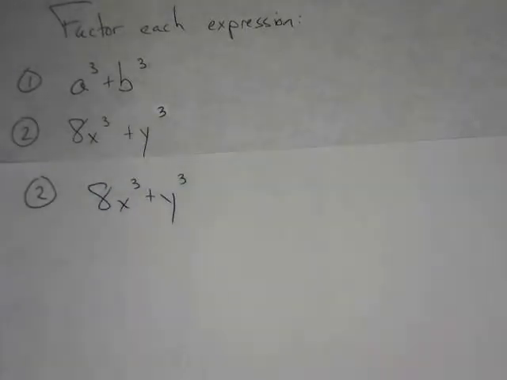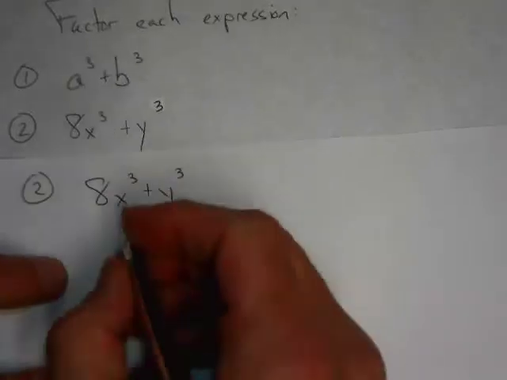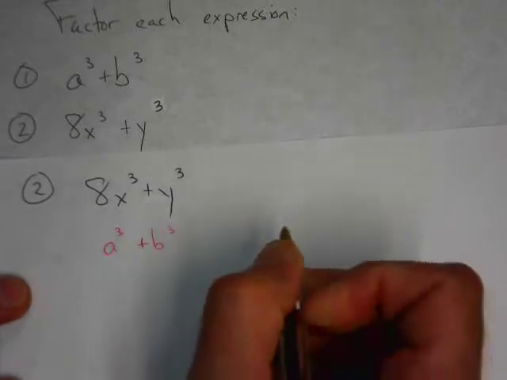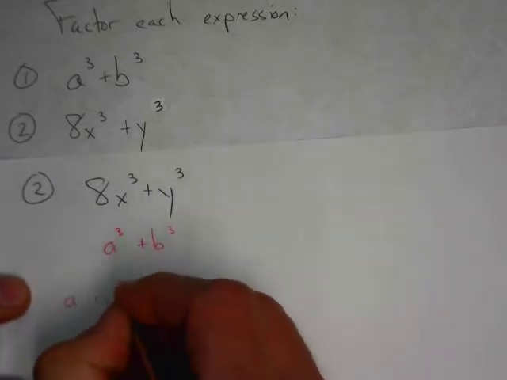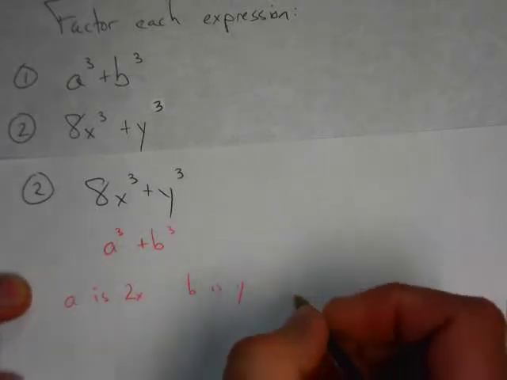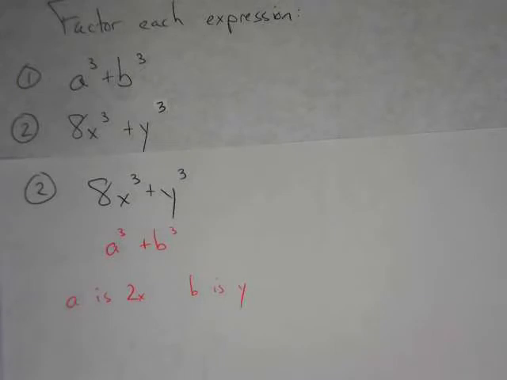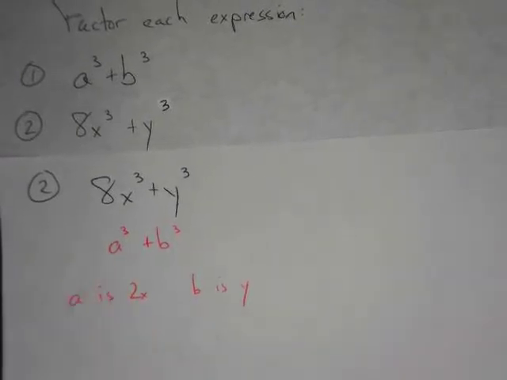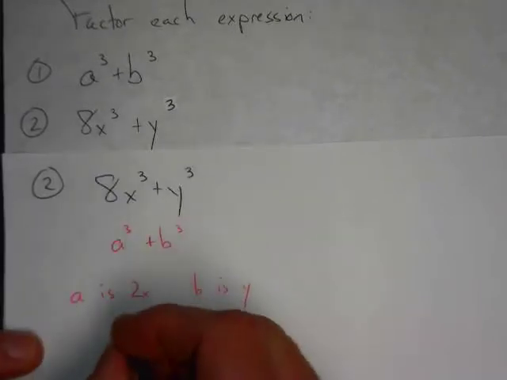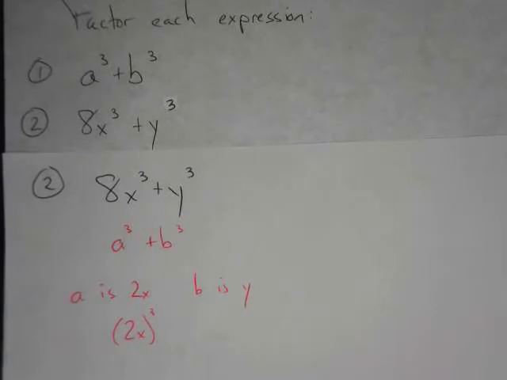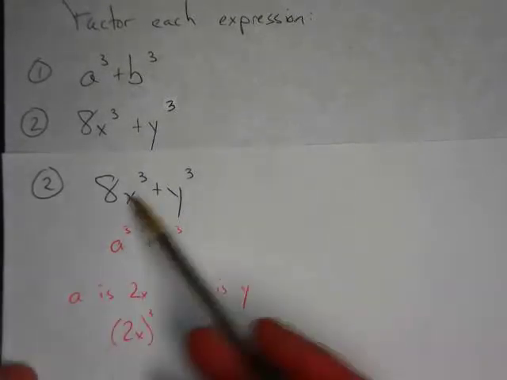If you can recognize that this is actually a cubed plus b cubed, it just so happens that a is 2x and b is y. It's all about recognition. Did you know that a happens to be 2x? Because if we were to take 2x to the third power, you know what we would have? 8x cubed.